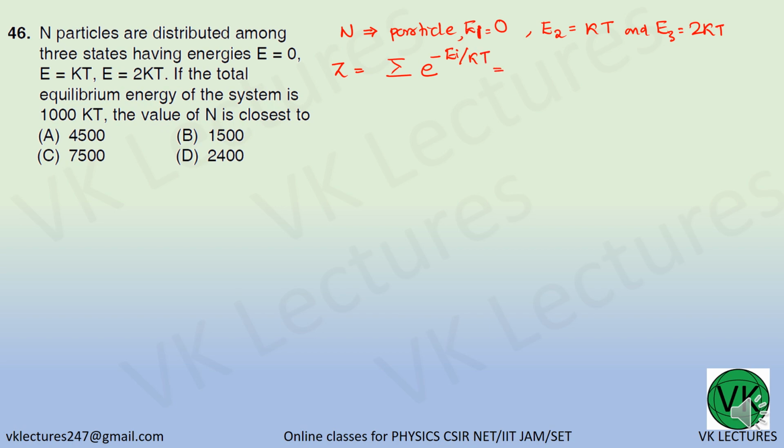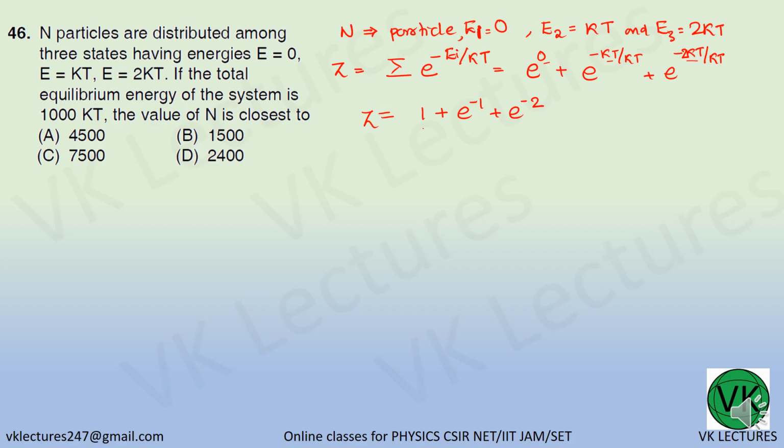Substituting for each one: e to the power 0 plus e to the power minus kT by kT plus e to the power minus 2kT by kT. Substituting 0, kT and 2kT in the formula, the partition function Z equals 1 plus e to the power minus 1 plus e to the power minus 2.